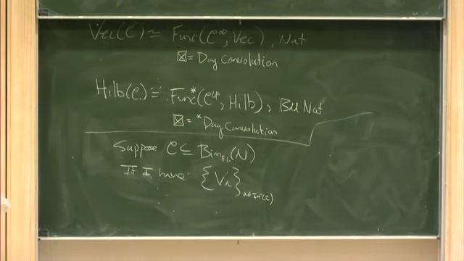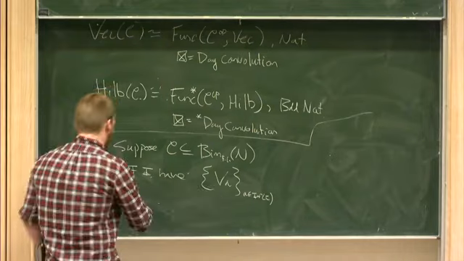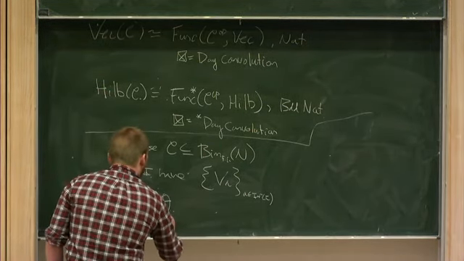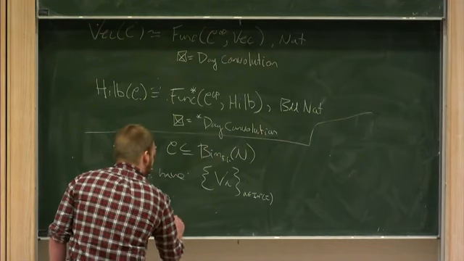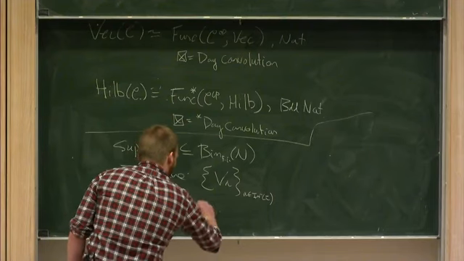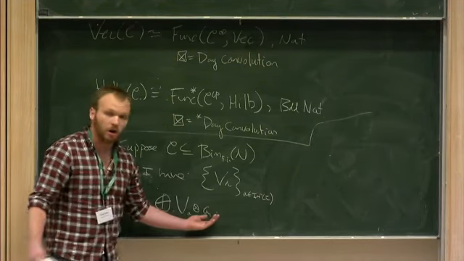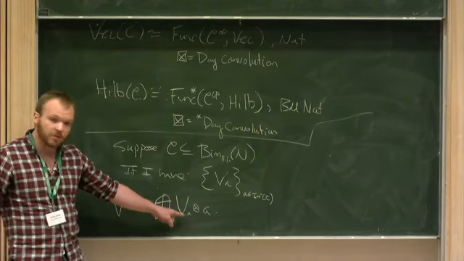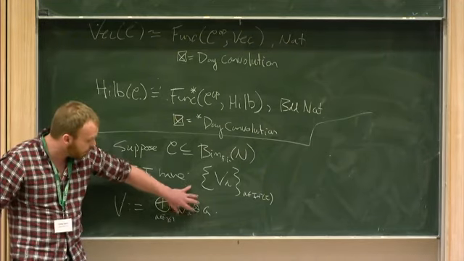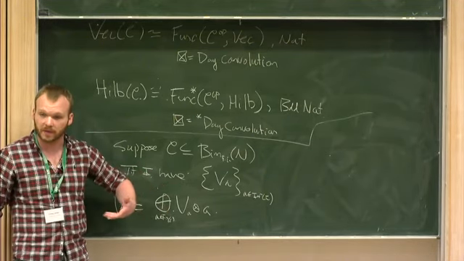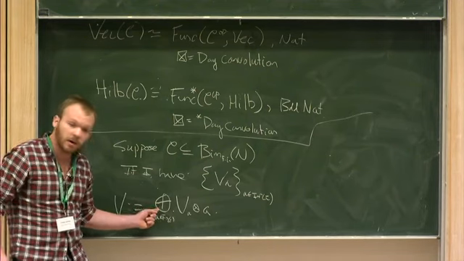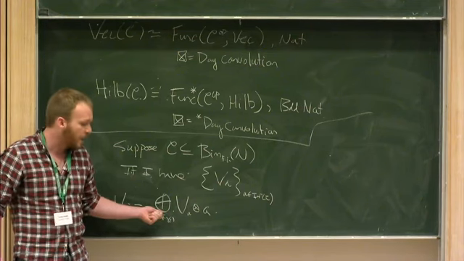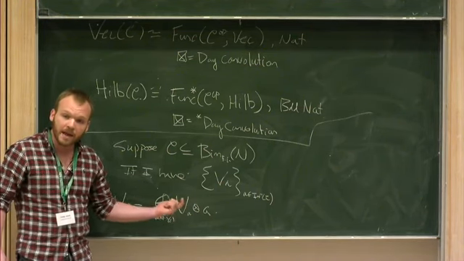Then I can define an algebraic NN bimodule by taking the vector space direct sum over these irreducibles of V sub A tensor A, where A was actually an honest Hilbert space bimodule of my 2-1 factor. I'm thinking of V sub A as a multiplicity space. This direct sum is obviously not a Hilbert space direct sum, but rather just an algebraic direct sum, and this is an algebraic NN bimodule.